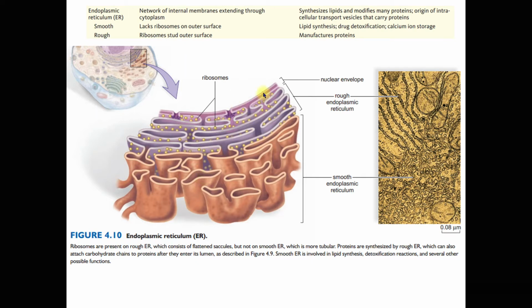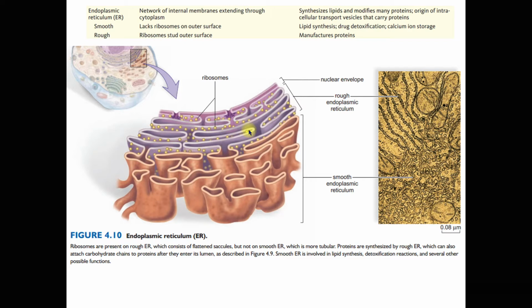Now, when it comes to the endoplasmic reticulum, there are two types: the smooth endoplasmic reticulum and the rough endoplasmic reticulum. Both are different. The smooth endoplasmic reticulum, as you can see in this diagram, lacks ribosomes, whereas the rough endoplasmic reticulum has ribosomes on its surface.